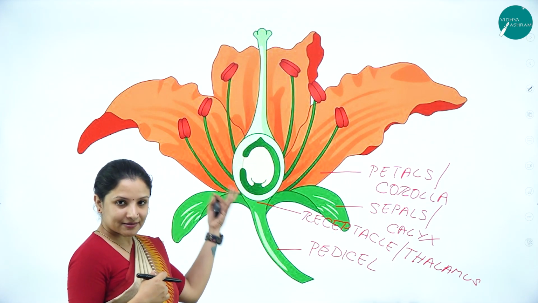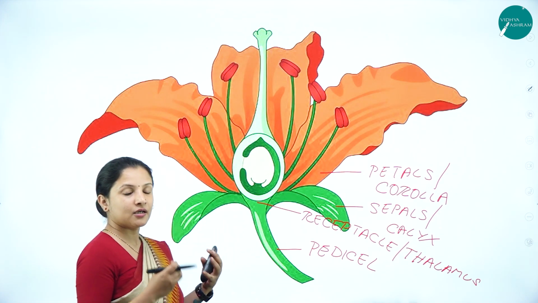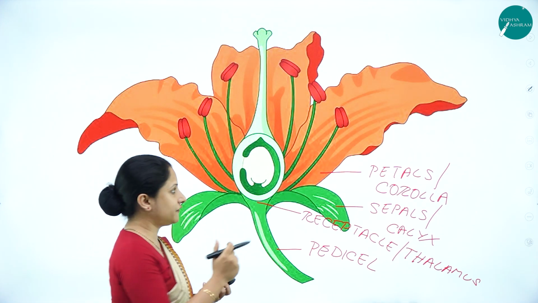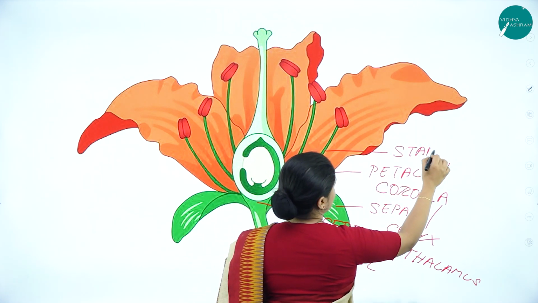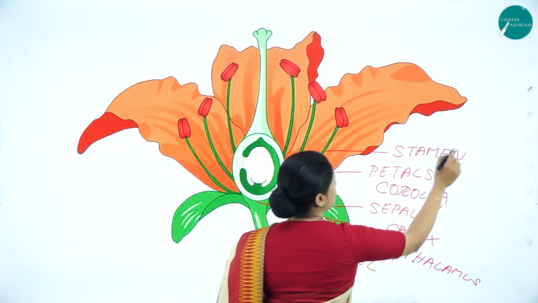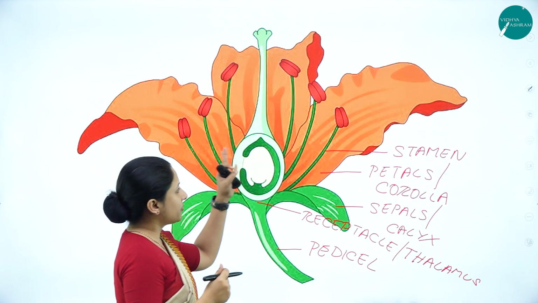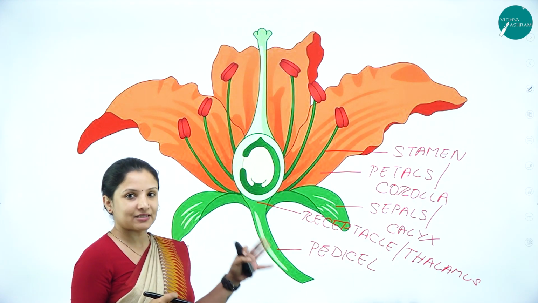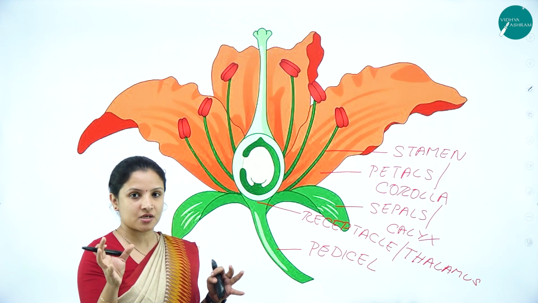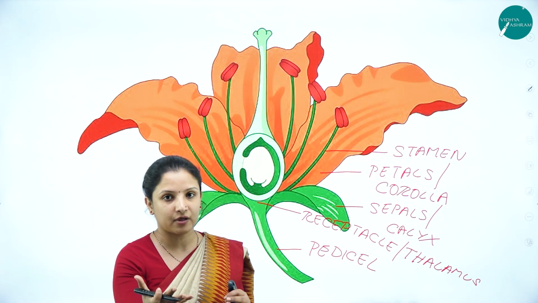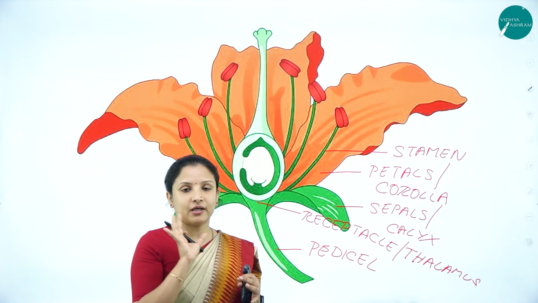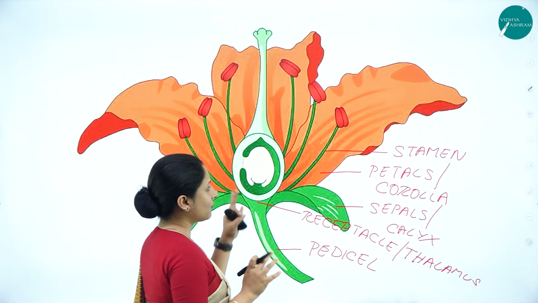Next, inside the corolla, we can find the male reproductive part of the flower, called the stamens. What the stamen is made up of, we'll study in the coming slides. The male reproductive part is the stamen, which forms the androecium. Andro means man, something related to the male reproductive part. So androecium consists of stamens.